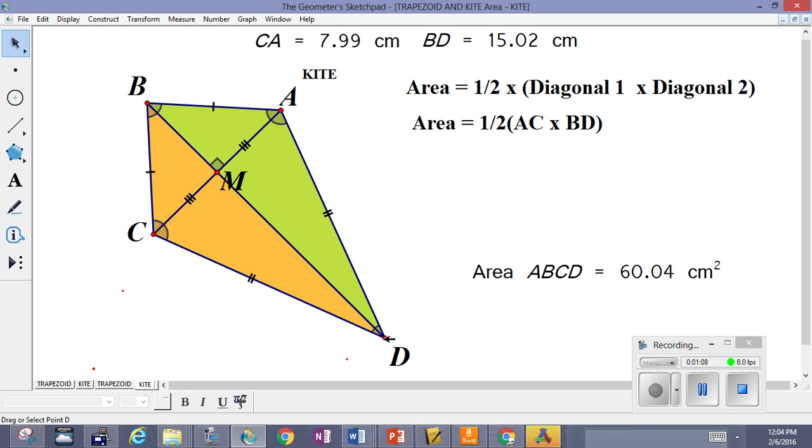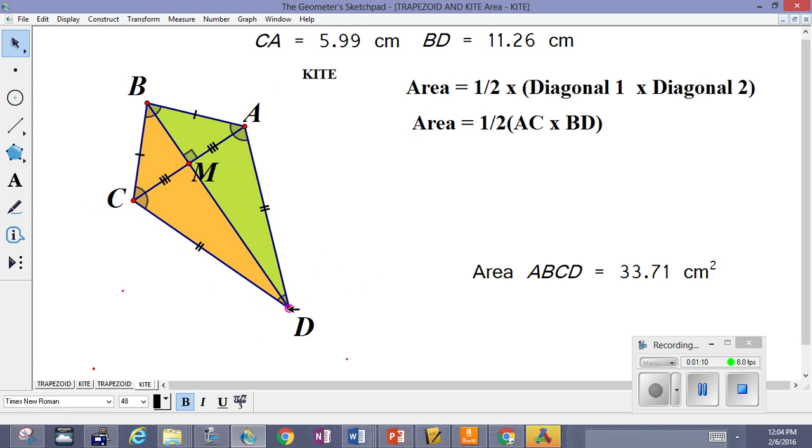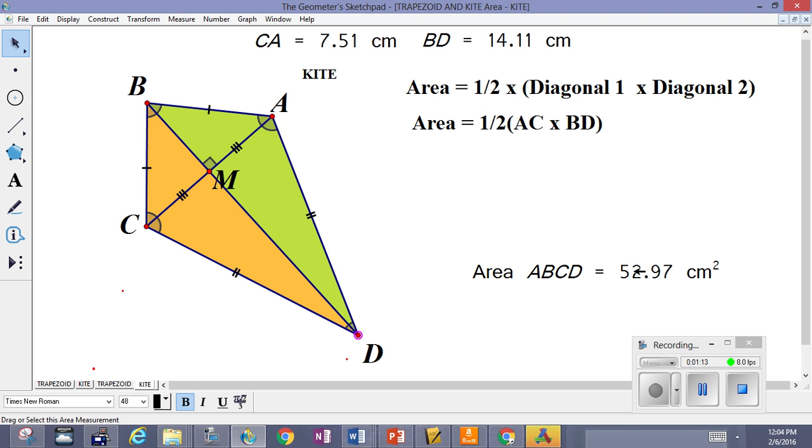So regardless of how I swing this out, I've asked Sketchpad to compute the area.